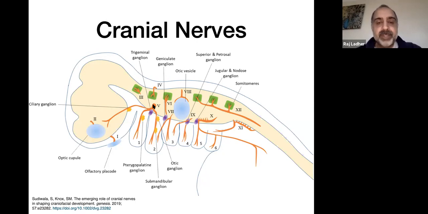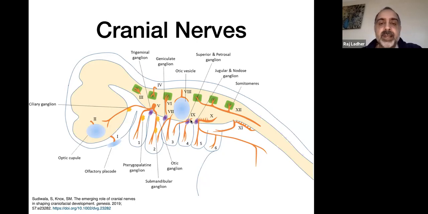Each cranial nerve is derived from a specific progenitor population. What I want to talk about is these nerves here: the trigeminal ganglion, the geniculate ganglion, the nodose, and the superior and petrosal ganglion.